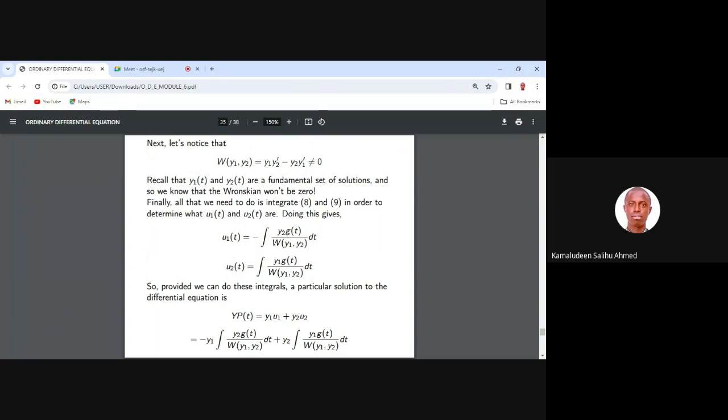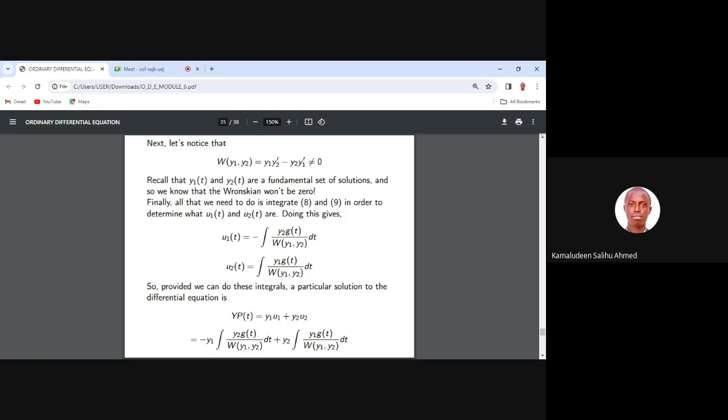u1 of t is equal to negative the integral of y2 g of t over the Wronskian W(y1, y2) dt. The same thing happens here: the integral goes away with the differential.